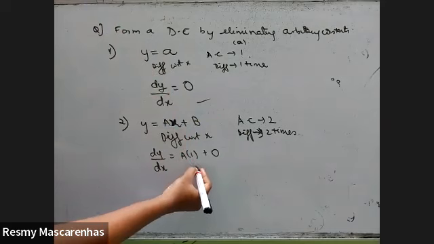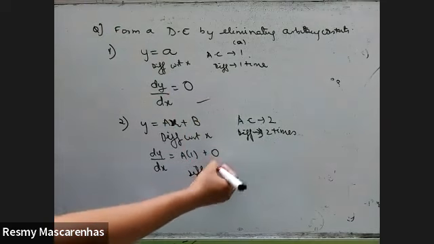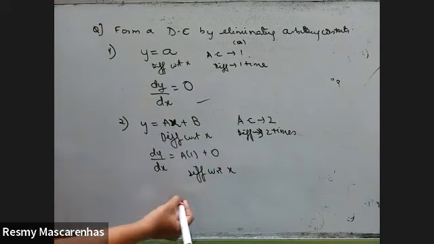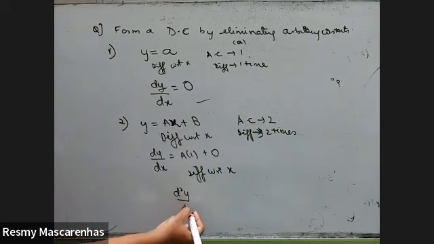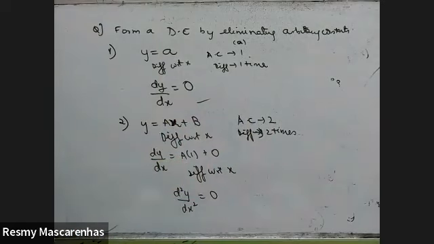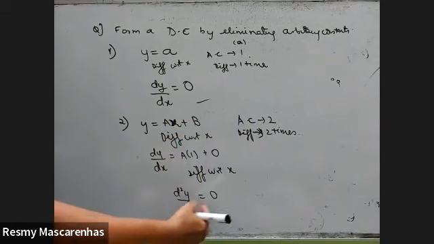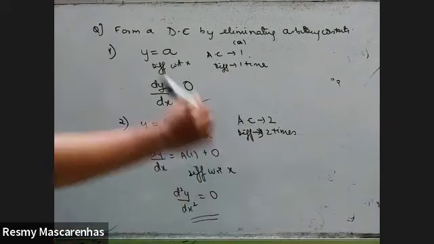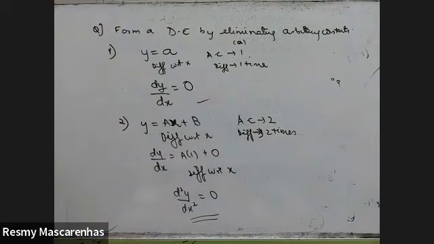Now again we have to differentiate, because we have to differentiate 2 times. This will be d square y by dx square, again 0. The derivative of a will be 0. So this is the answer. The final answer should not have a and b left in it, which is fine. There's no a and b left in the final answer. So that's your answer.